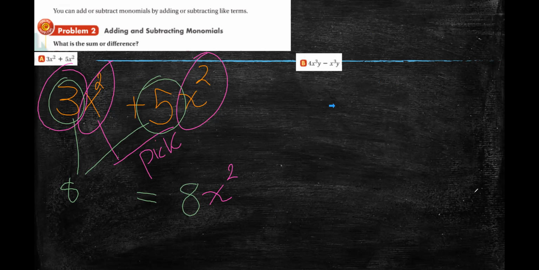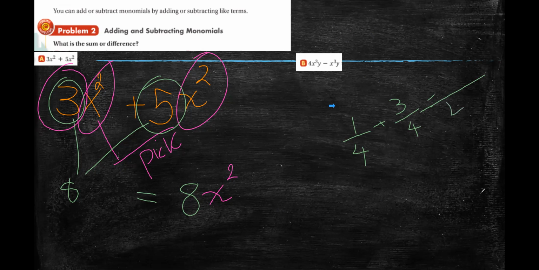Teacher? Yes, Yara. Why didn't we add the x to the power of 2? No, we don't add it. I told you, just pick one of them. In adding or subtracting monomials, pick one of them. As an example, if you have 1 over 4 plus 3 over 4, what do we do? Did we add 4 plus 4?